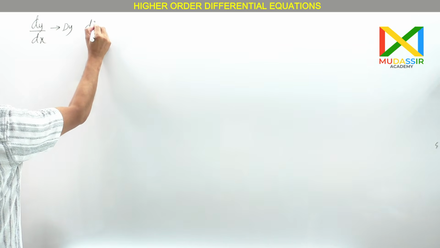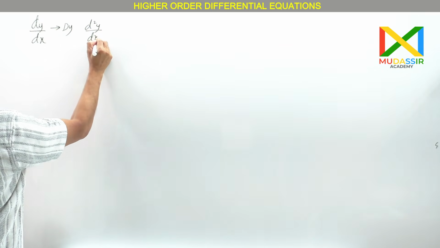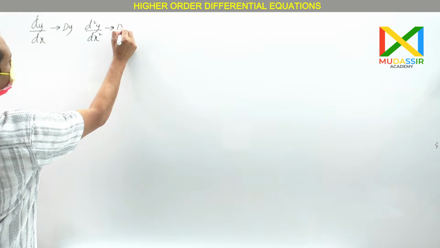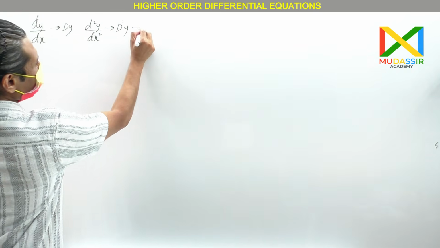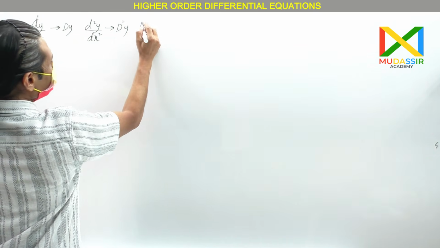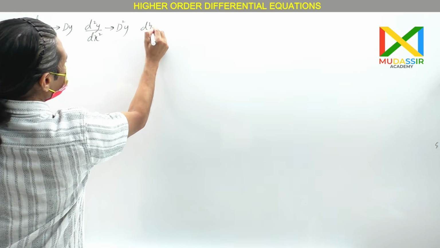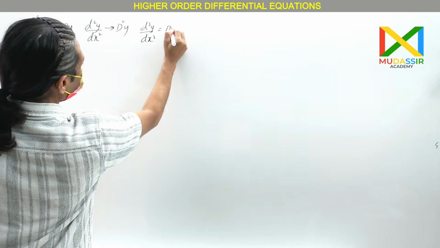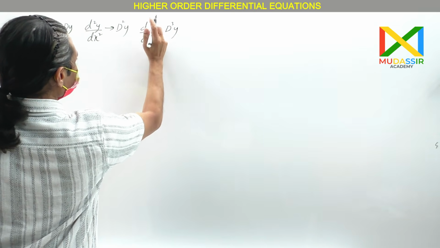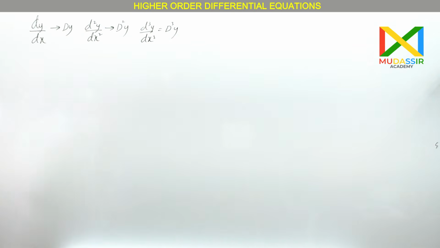Similarly, d square y by dx square means D square y, and so on. Similarly, d cube y by dx cube means capital D cube y. Okay, this is a basic thing.